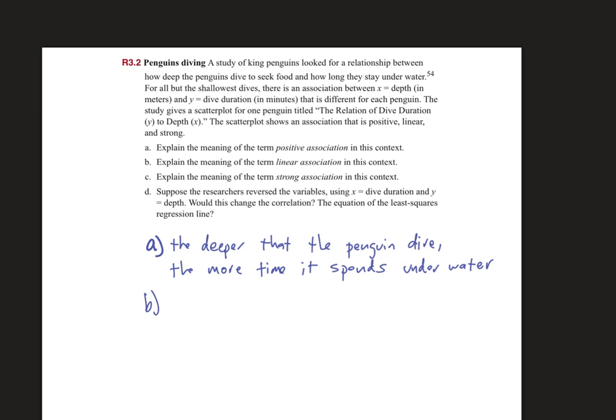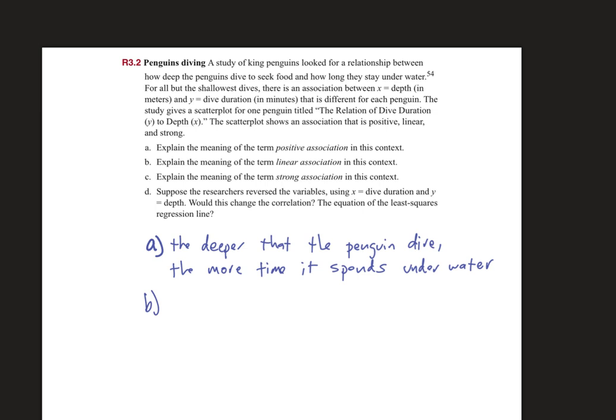So you can say that for every increase in x by 1, so for every meter that the penguin dives, there's a constant amount of time that it stays underwater. So for every meter that they dive, maybe they're underwater for 10 seconds, right? So every meter that it goes down, it's in the water for 10 seconds longer.